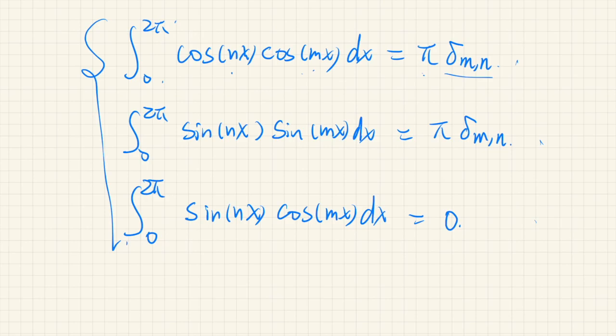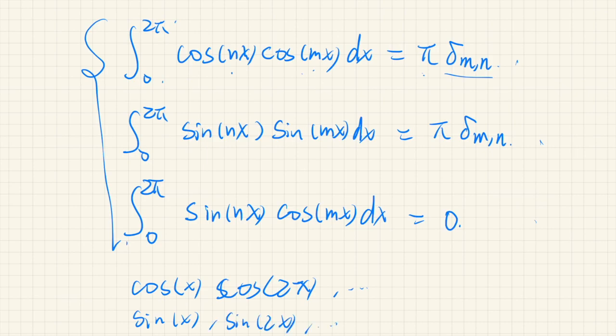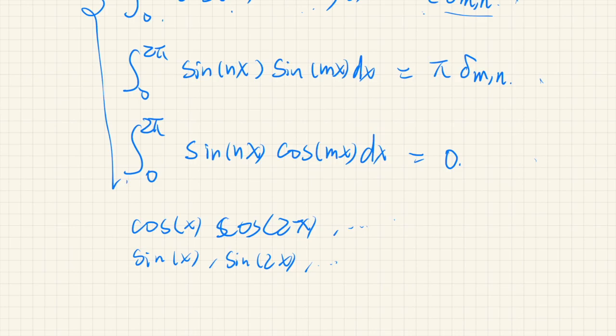If you have studied linear algebra, these functions cosine x, cosine 2x, and so on, and also sine x, sine 2x, and so on, behave like an orthogonal basis set, right?